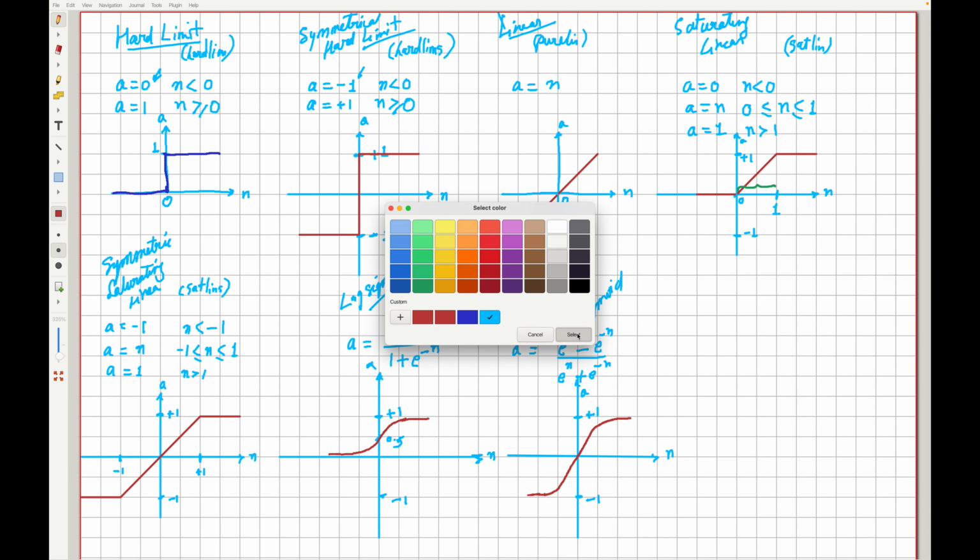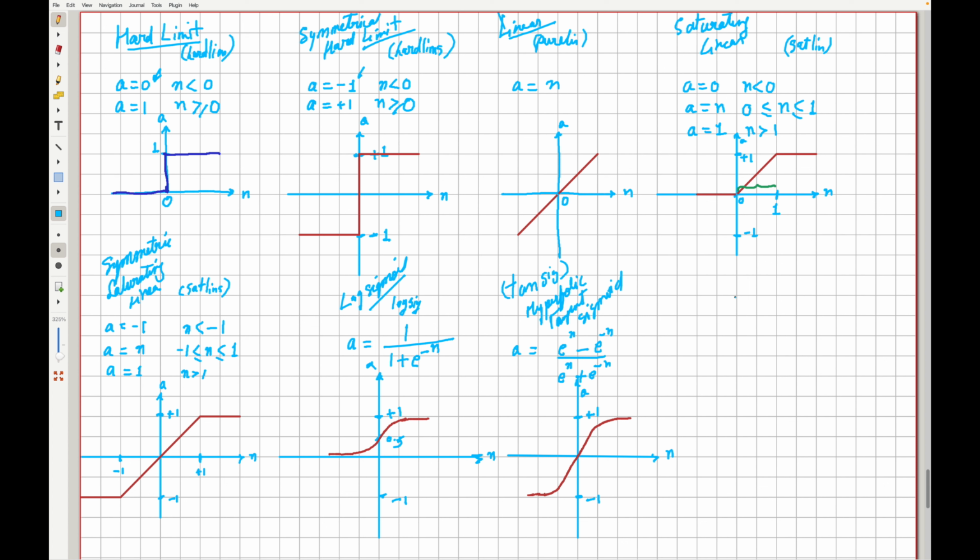The next one is positive linear. This is also called poslin, and these are all MATLAB transfer functions. In this case, if n is less than 0, then a is equal to 0.